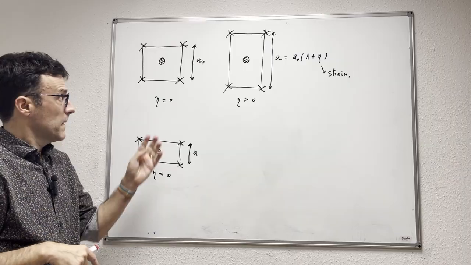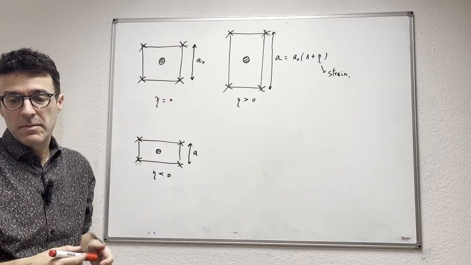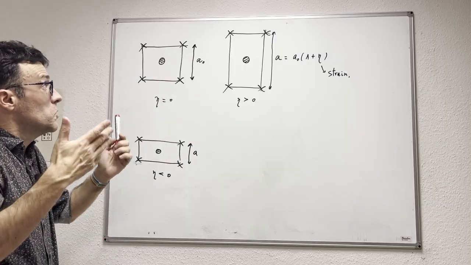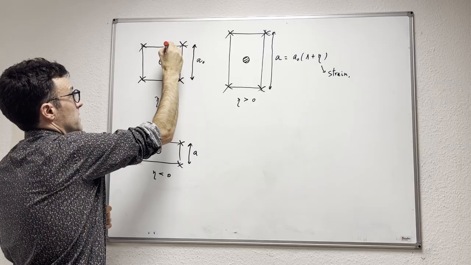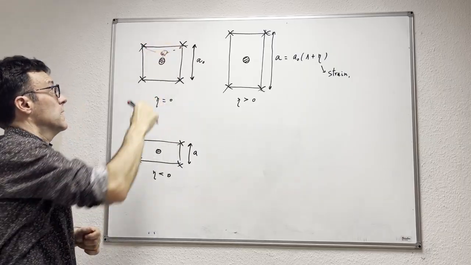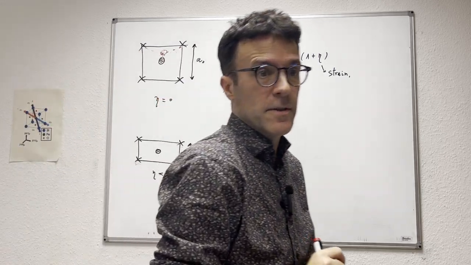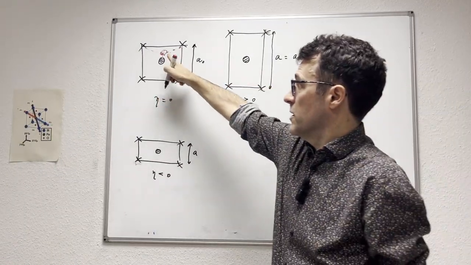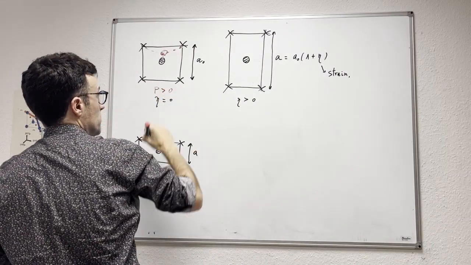Because if you remember, we hypothesize, but this is not a crazy hypothesis, this is very much what happens in many systems, that the ferroelectric distortion in this crystal could be related with the fact that this atom wants to go out of the center to form bonds of a certain length with those two anions, those two oxygens in our simplified picture, right? So if that happens, we go to a state with positive polarization, right?